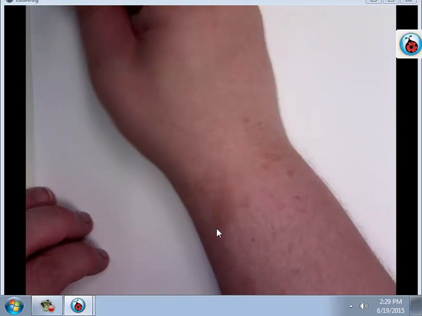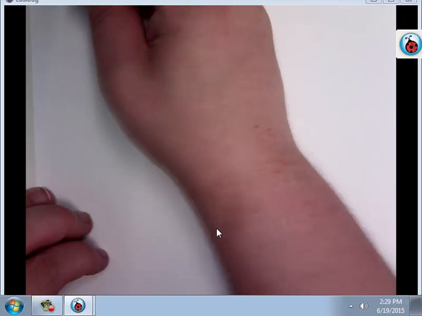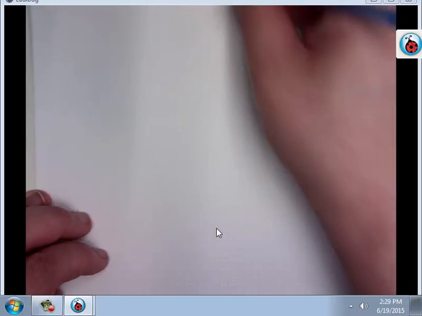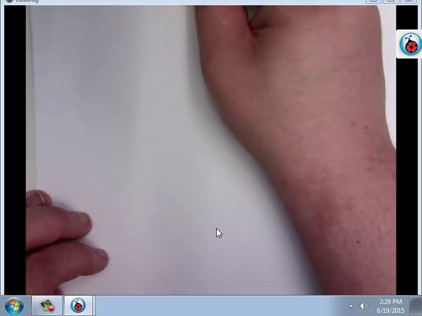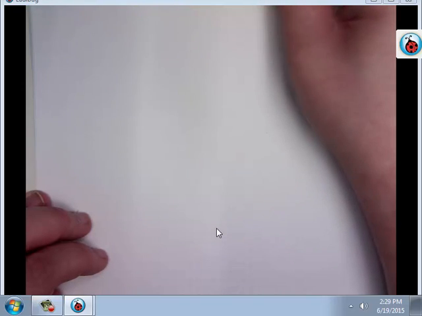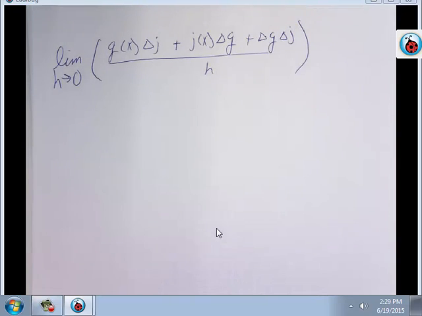and I'll be left with the limit as h goes to 0 of g of x delta j plus j of x delta g plus delta g delta j all over h. So what happens from here?